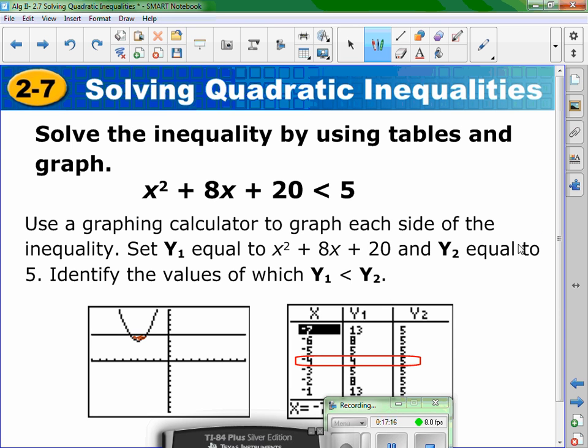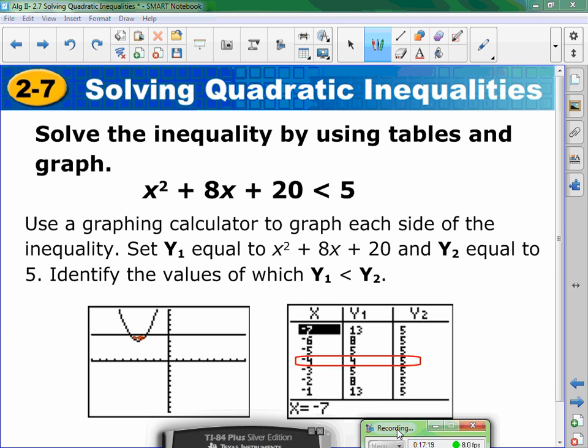Looking at our table again, the only one that works is negative 4. Everything else gets me numbers that are bigger than 5. So anything between negative 3 and negative 5 works. See the vertex is being connected here, and that's what's shaded.